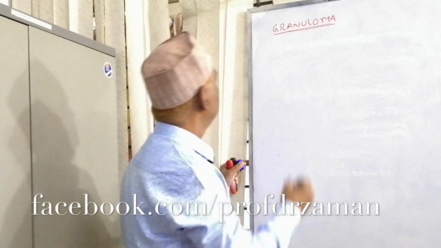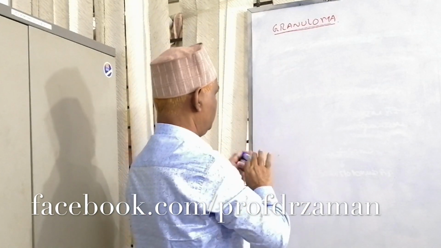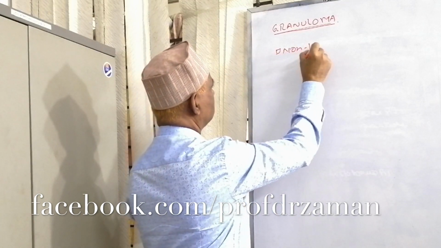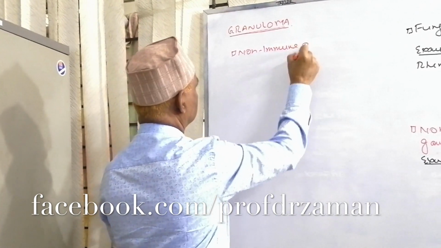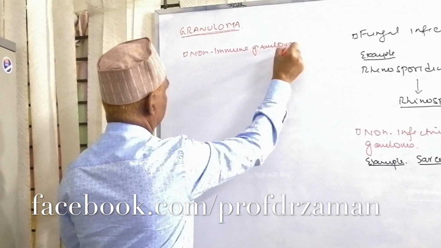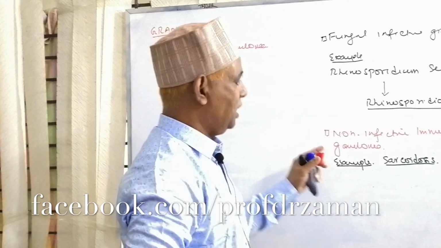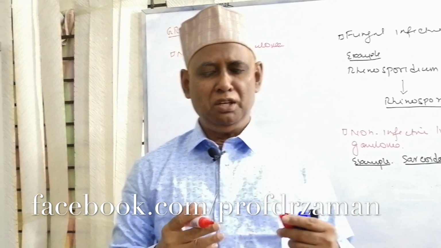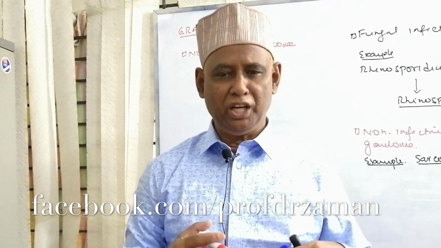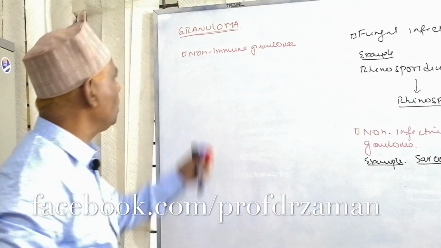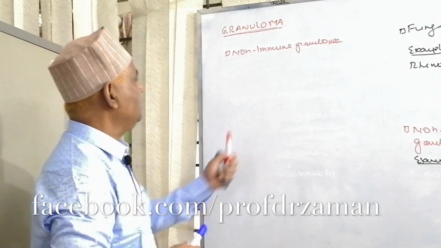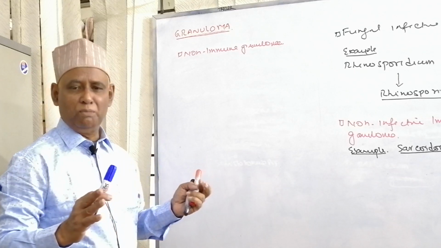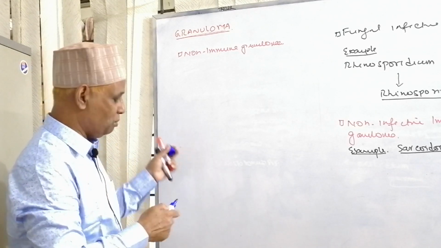Now come to non-immune granuloma. Dear audience, I have told you about the immune granuloma, which includes infective immune granuloma and non-infective immune granuloma. Now come to non-immune granuloma. In this type of granuloma formation, the immune system is not involved, so it is called non-immune granuloma.